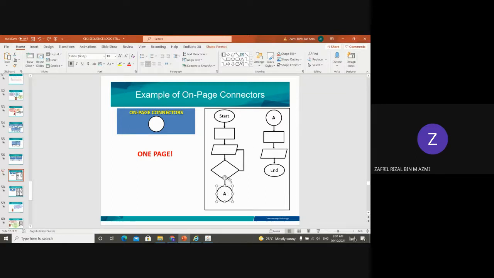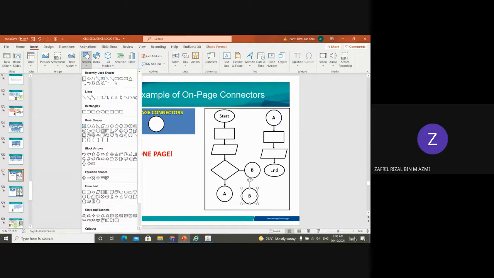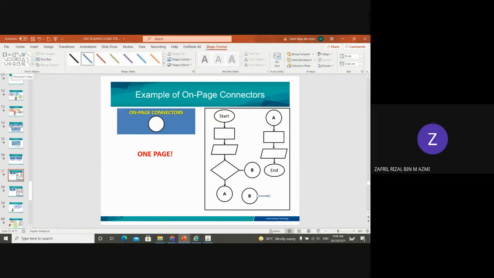Let's say you have another connector over here, it's B. So B is over here, B goes to here, for example, and then continues to C. You can do that.